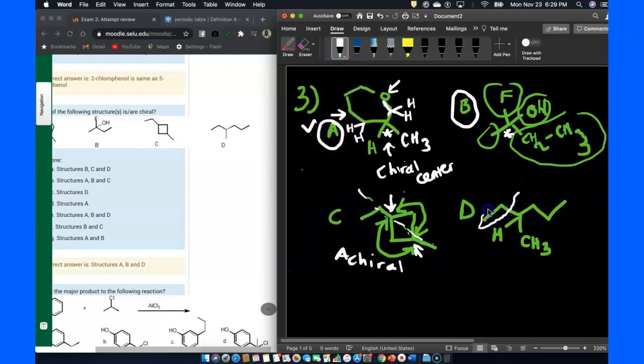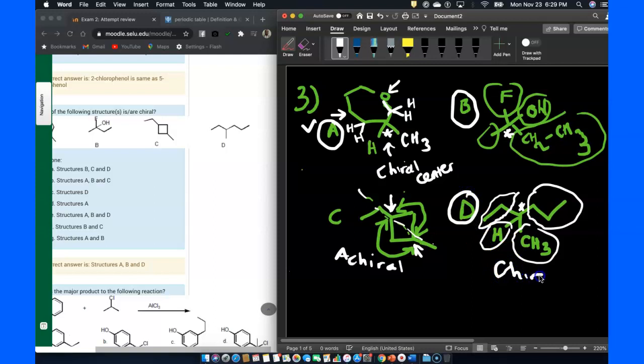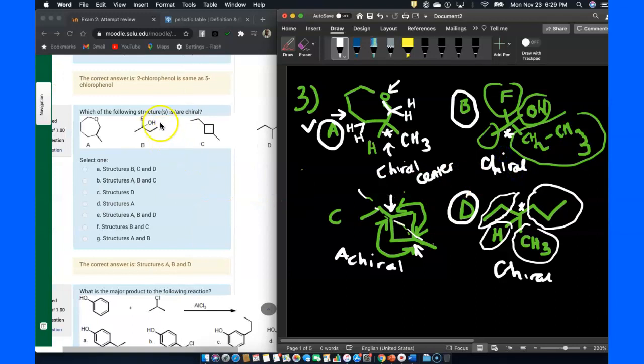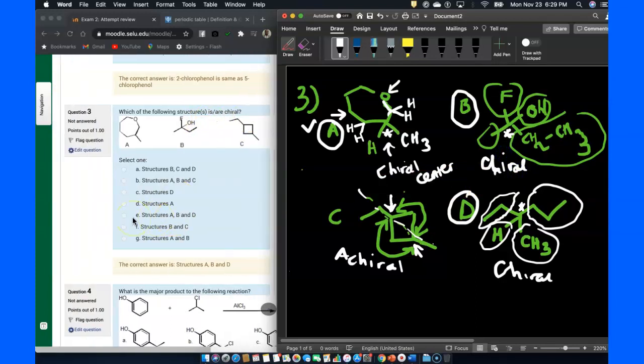The ethyl is different from the hydrogen, which is different from the methyl group, which is different from the propyl. You have 3 carbons. So this carbon right here has 4 different groups. There's no internal plane of symmetry. This molecule here is chiral. So we ended up with 3 chiral structures out of the choices. So we've identified the structures that are chiral for question 3.